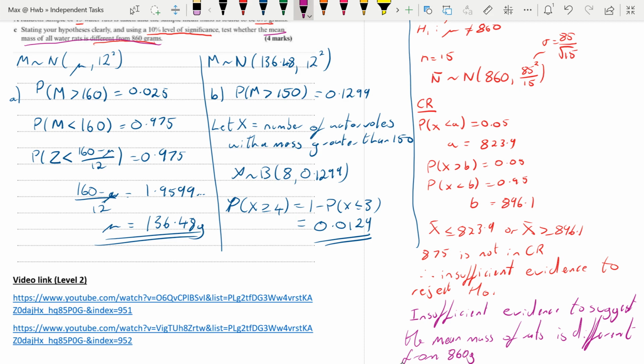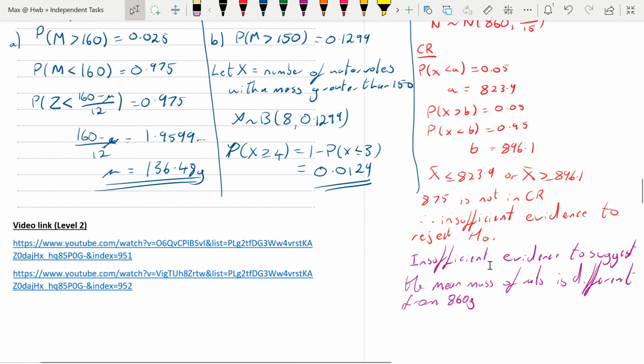Make sure you've got that purple line that I've got here. You've got to have something in context. You will just be losing marks for the sake of not writing an extra sentence. It's really, really important that you do so.